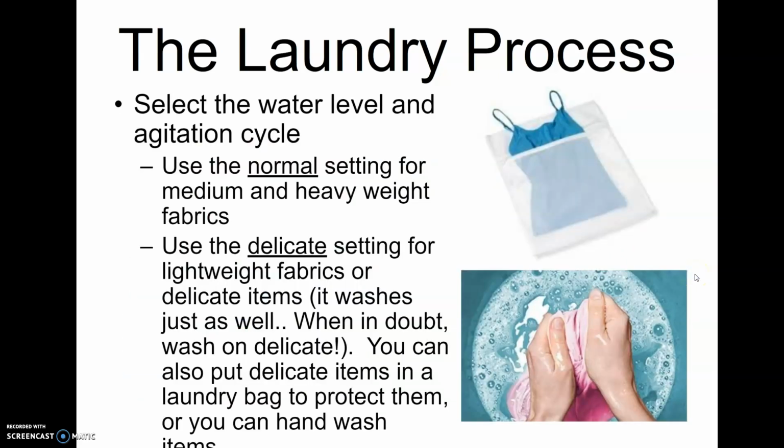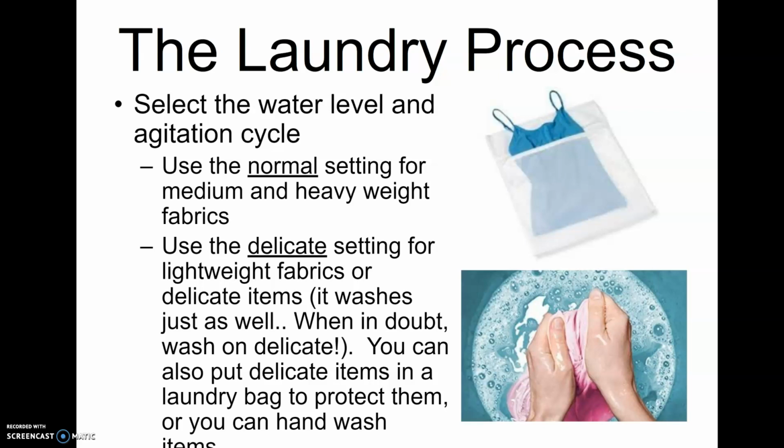Next, select the water level and agitation cycle. Again, not all washers have this setting, but newer models most likely do. The normal setting for medium and heavy weight is common, and then use the delicate setting for lightweight fabrics or delicate items.